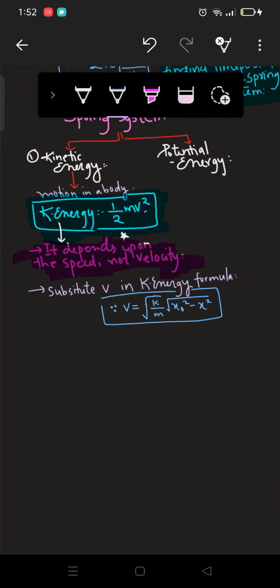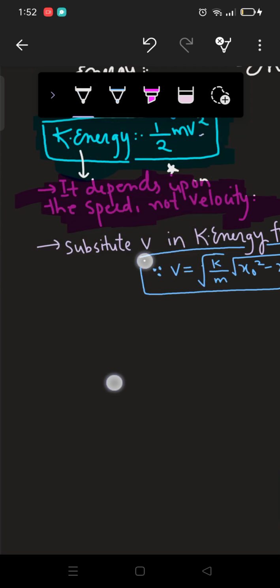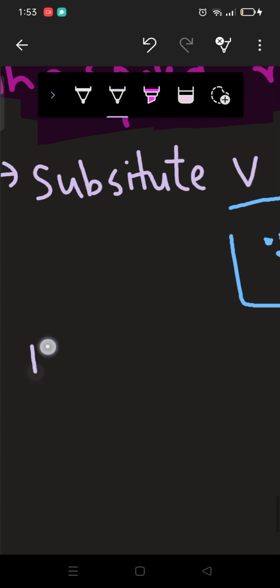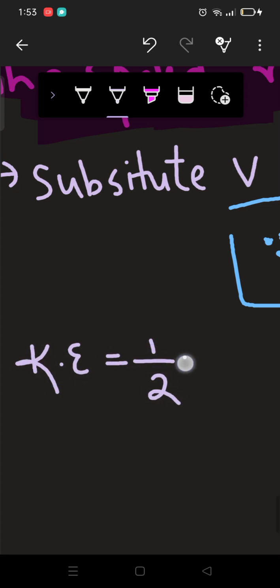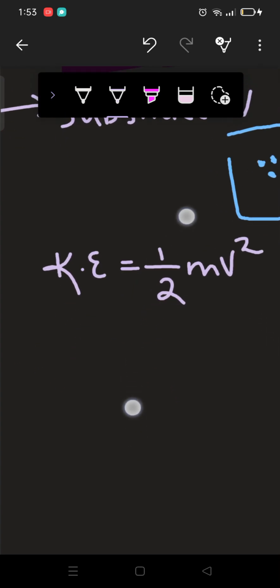Now we need to substitute this value of v in this general formula of half mv square. So using this formula again, KE is equal to half mv square. Let's substitute the value of v in this formula.